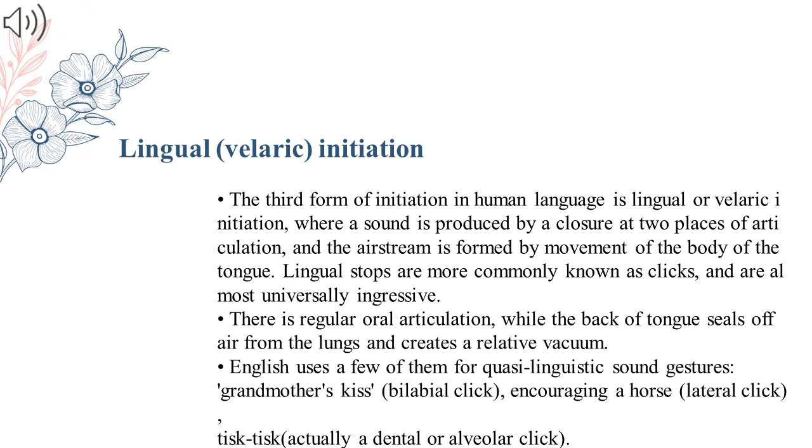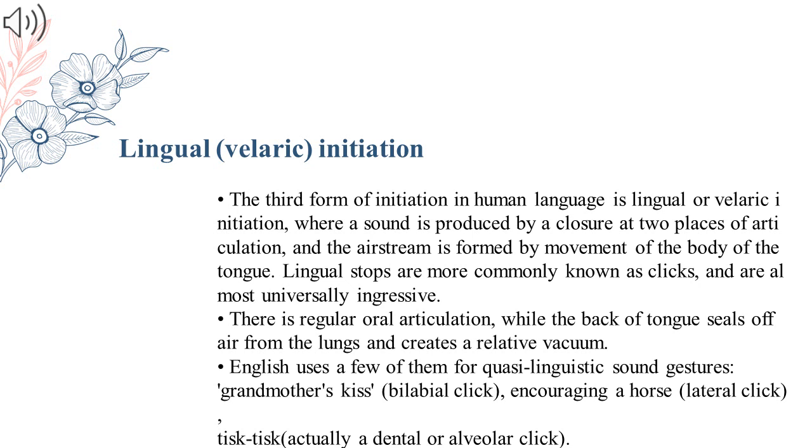Lingual or velaric initiation. The third form of initiation in human language is lingual or velaric initiation, where a sound is produced by a closure at two places of articulation, and the airstream is formed by movement of the body of the tongue.